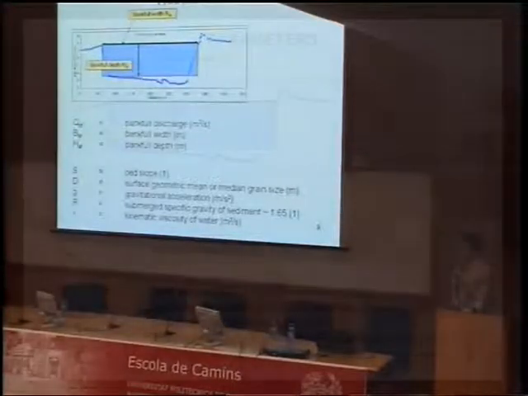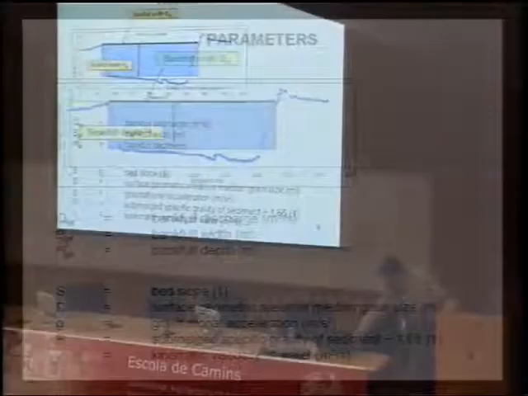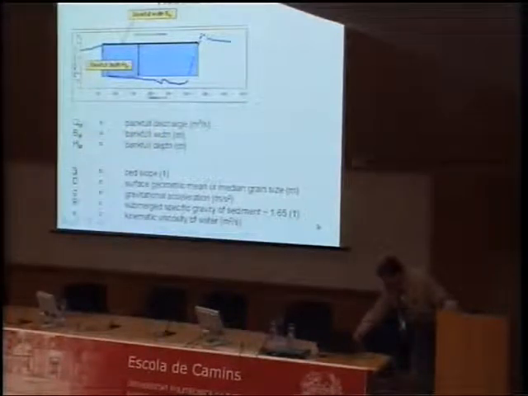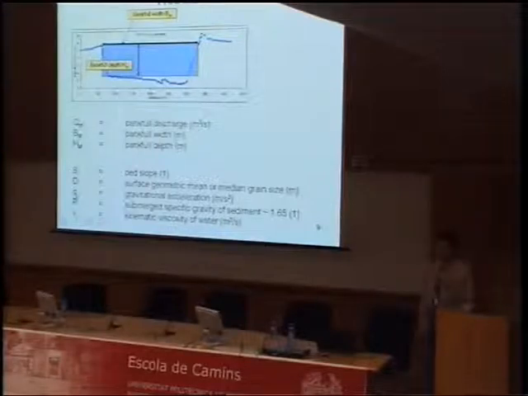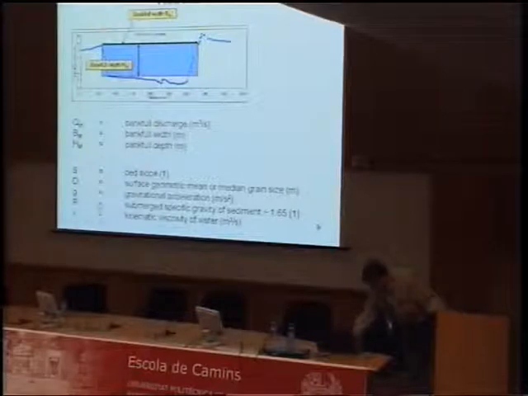We need a few parameters for the lecture. So I am using QBF for bankfull discharge, bankfull width, bankfull depth. I will also need a slope, downstream slope, a characteristic surface grain size, and acceleration of gravity. Don't laugh, because there are also rivers on Titan today where the fluid is liquid methane and the sediment is ice particles, and so gravitational acceleration is different, and the specific gravity of the sediment is different.